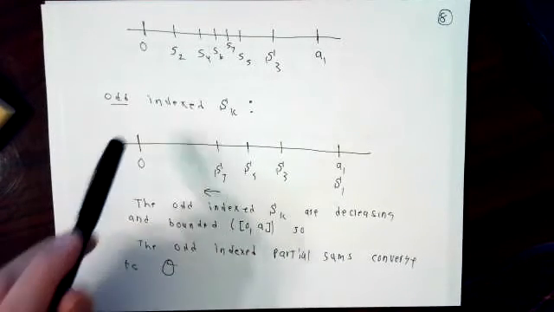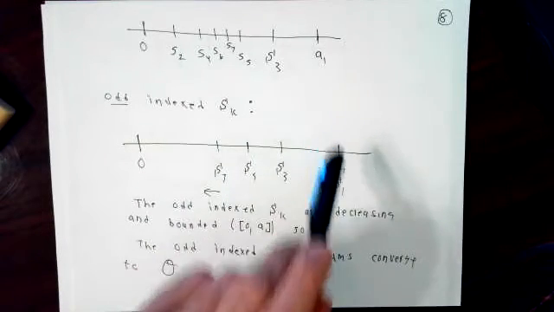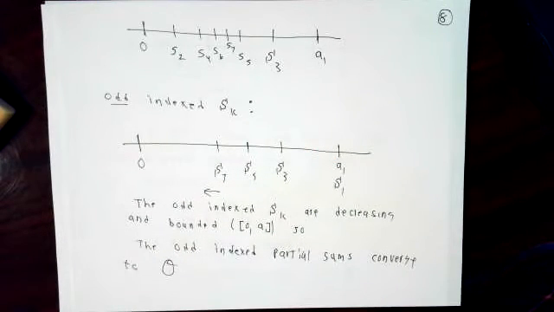But even so, all partial sums lie between 0 and A1, so the sequence of odd indexed partial sums is monotone and bounded, and that means that that sequence of numbers converges. I'll call the thing that it converges to script O. Script O is short for odd indexes.